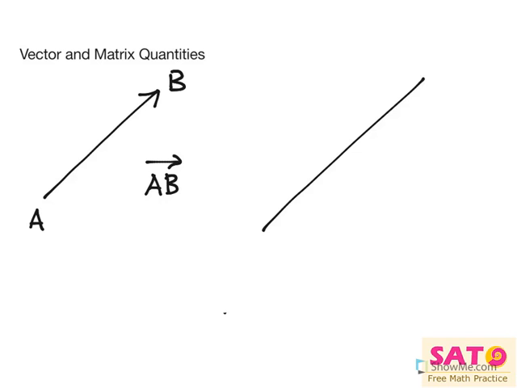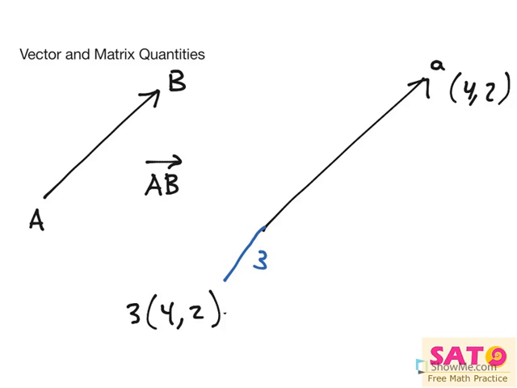So let's say we have this, we'll call it A, and we're trying to multiply it by an additional vector. So if we would want to multiply this edge, let's say the edge is 3. So we would write it as, if this was 4, 2, we would say 3 times 4, 2, which is, you multiply each one like the distributive property, and we would get 12, 6.